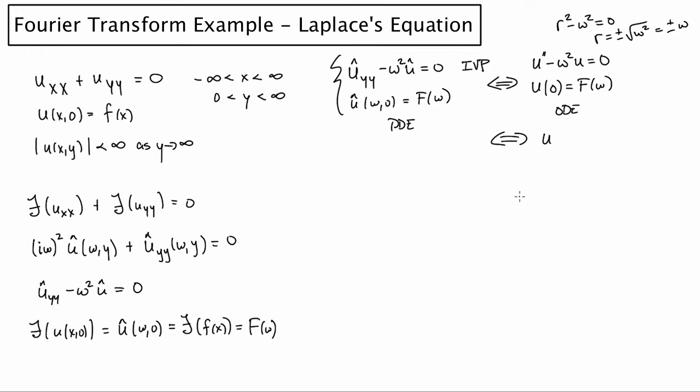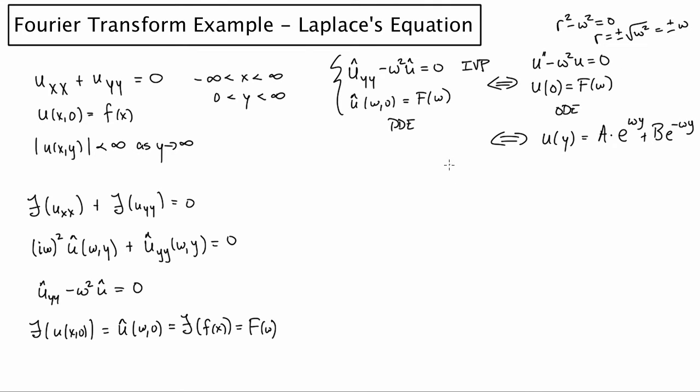We need both those roots. And essentially what that allows us to do is express the solution, in terms of y, as a constant times e to the omega y plus b e to the minus omega y. So that would be the ODE solution.